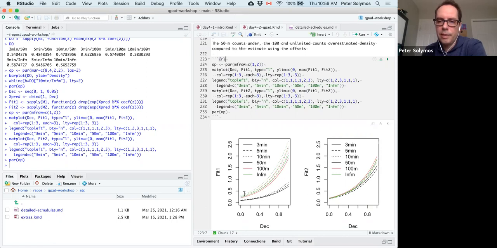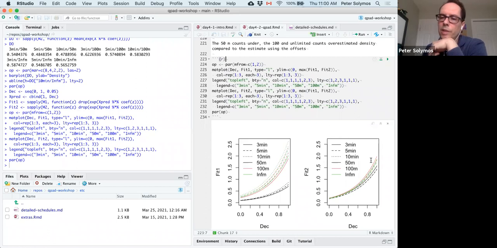And that is probably the same if you look at the 100 meter and infinite unlimited counts. So going from 0.3 to 2.5, that relative difference might be very similar, but the absolute numbers are going to be vastly different across the protocols.